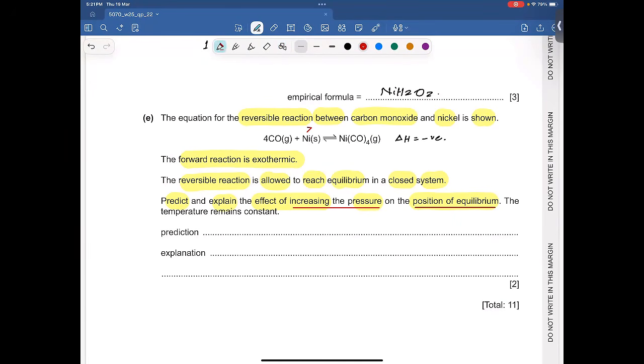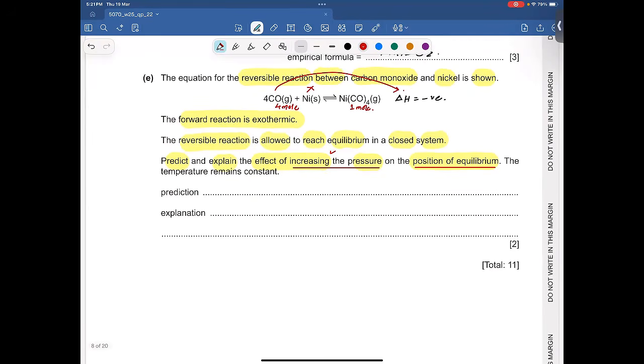Take the moles on the reactant side, which is 4. Take the moles on the product side, which is 1. So when you increase the pressure, equilibrium shifts towards the right-hand side because of the smaller number of moles. So that is the prediction.